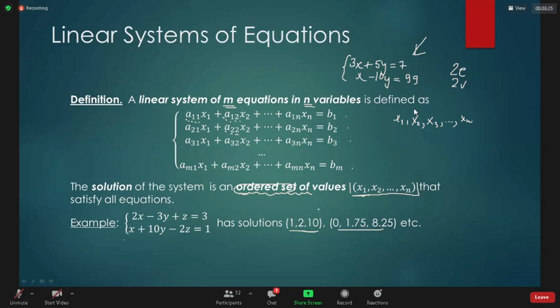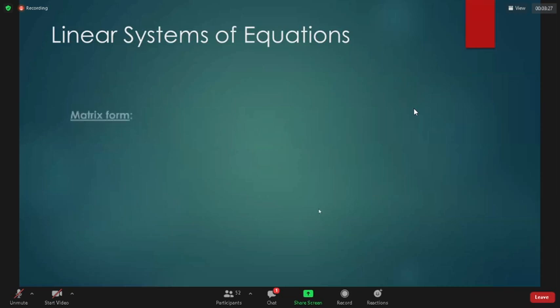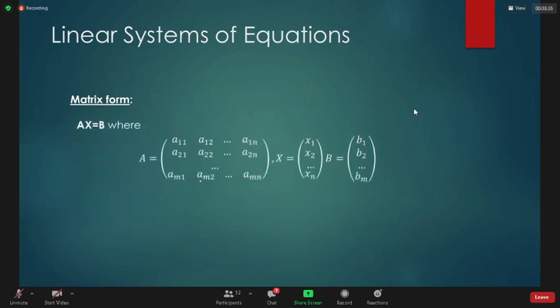So the not so general stuff, still some more general stuff, right? Matrix form. We could think that these coefficients, a11, a12, are the coefficients of the first equation, these would be the coefficients of the second equation, and so on.